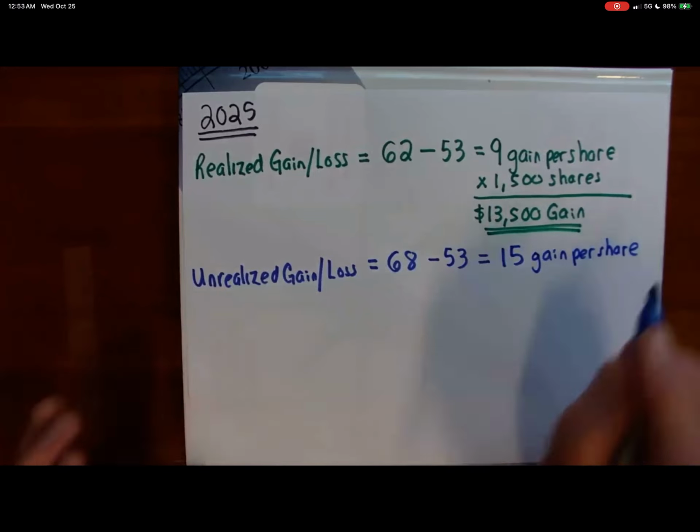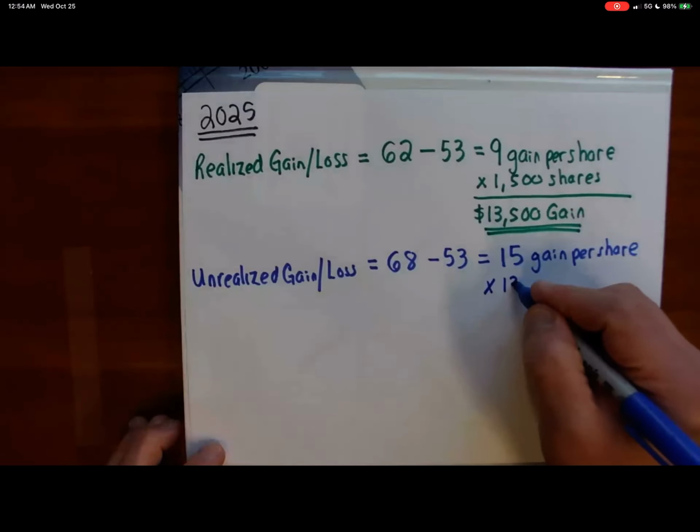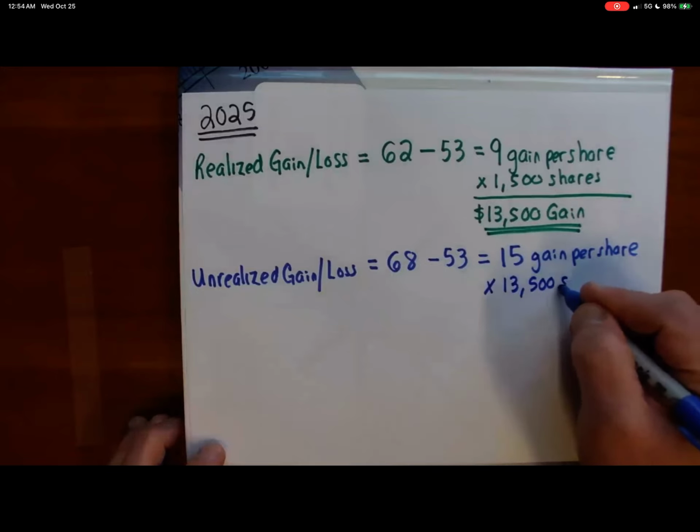And Matthew, you were right. I would just like to hear it again. How many shares do we multiply that by? It would be the difference between the original amount of shares bought and the shares sold. So that would be 13,500 shares. Good job. Excellent job.